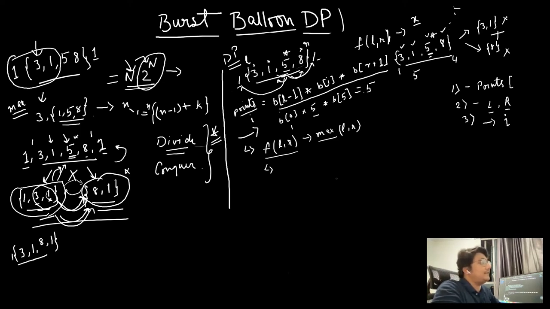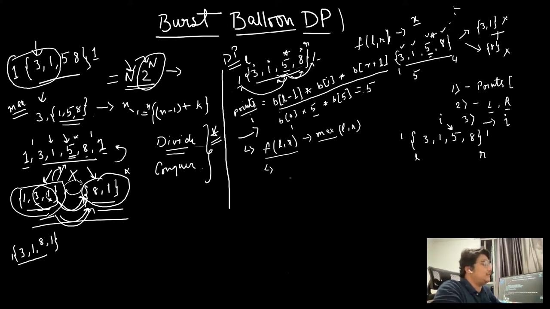So now if we want to define this problem, what is the equation? To simplify that further, so that you are able to write the equation yourself, let me consider this example: 3 1 5 8, and let's give the values to everything in this array. So we are trying to solve this for this L and this R, and let's say our I is at 5. Okay, and we want to solve.